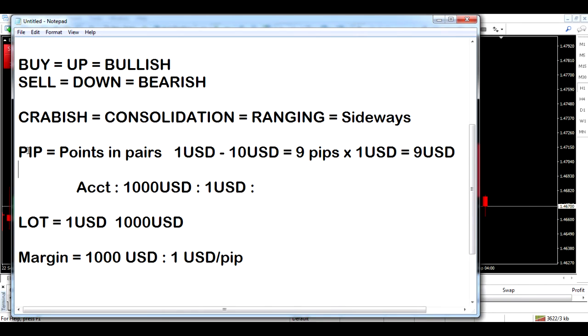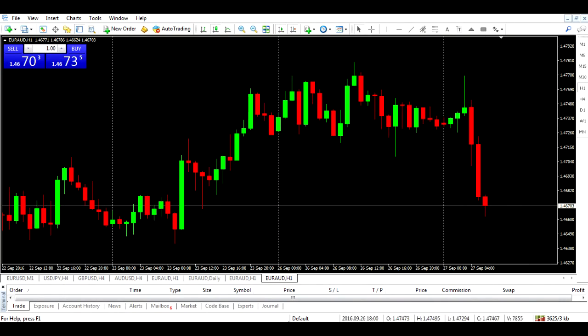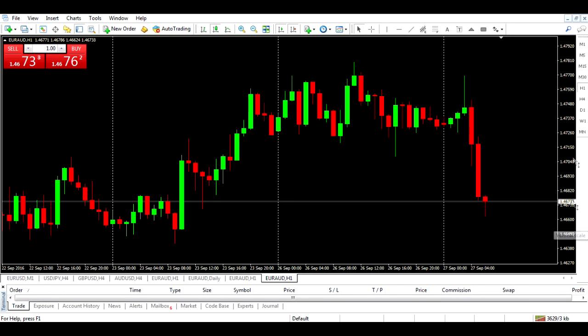So moving on, you already know the direction. Now, what is a pip? This is very important. What is a pip? Some define it as points in pairs. So you have a currency pair that you're trading. Let's go here, in this case, euro versus the Australian dollar. So €1 is equal to, depending on the price move, this many Australian dollars.